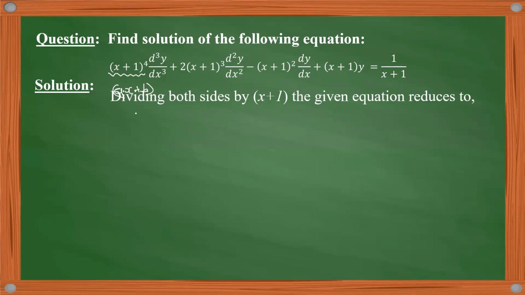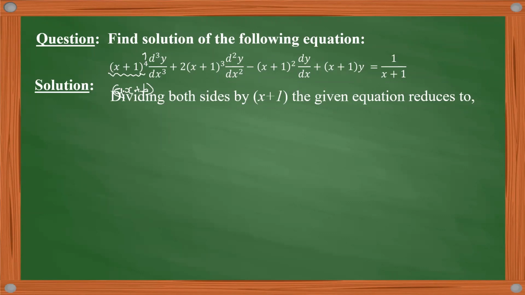But if we need to make the substitution in place of d³y/dx³ into this part, then the index of ax + b and the order of the differentiation term must be equal. But here the power of x + 1 is 4, and the order of this differential equation is 3.